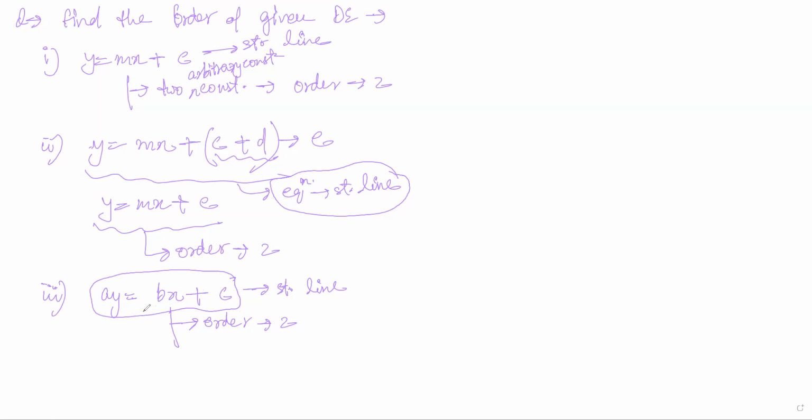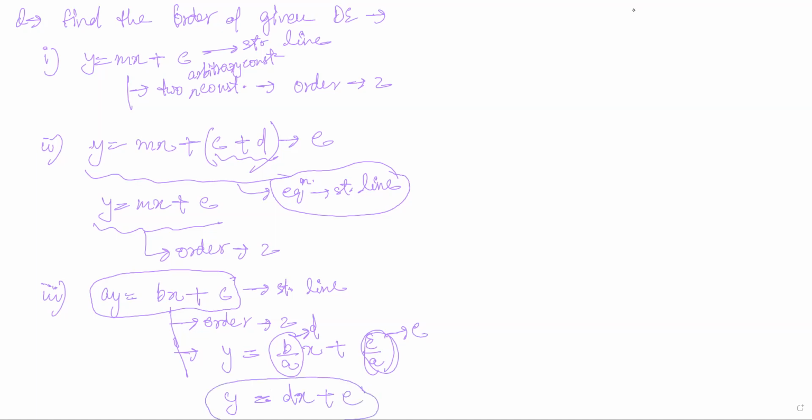So if you divide the whole equation by a, it will be y = (b/a)x + c/a. And again, b/a and c/a are constants, so they can be termed as d and e. This will be y = dx + e. So the order is 2.